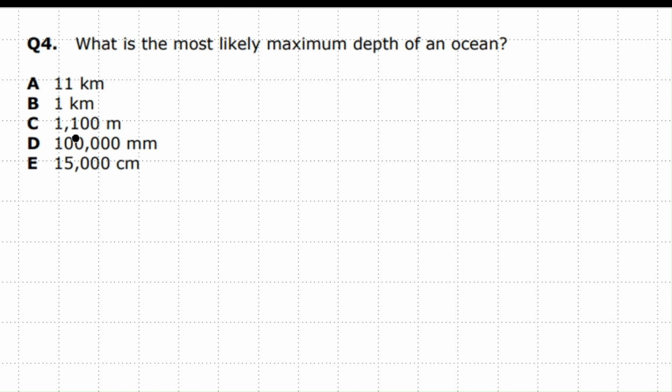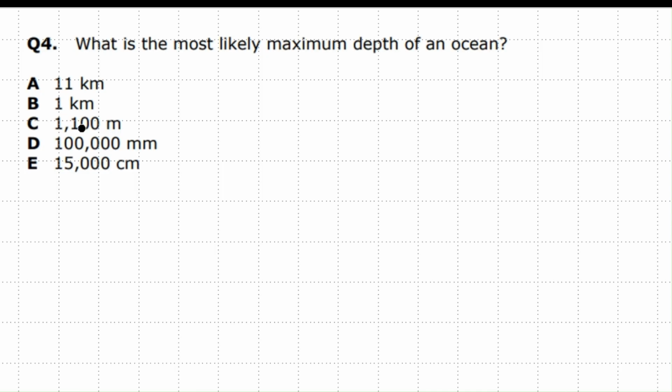mm and 1,100 m are small amounts which might be compared to a room or two rooms in a house. 1 km may be the size of like 3 to 4 rooms or a house.